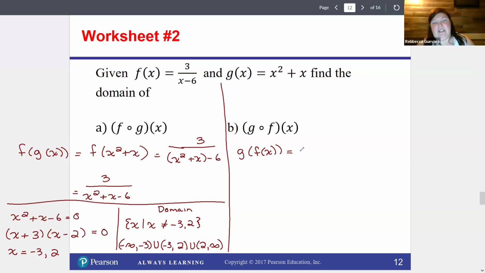For the other case, f is going to be inside of g because we have g composed of f. So we're looking at g of 3 over x minus 6. Every place I have an x, I'm going to put in 3 over x minus 6.